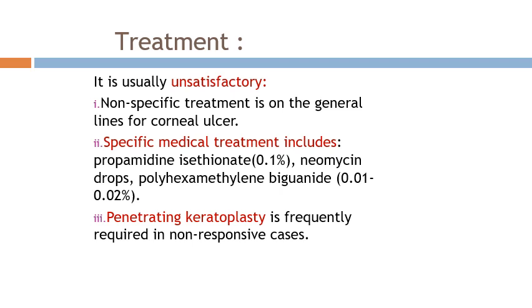Along with that, you can give aminoglycosides like neomycin and paromomycin, and you can use imidazoles like clotrimazole and miconazole. Sometimes in severe cases, you can go for a combination of drugs like hexamidine plus PHMB or chlorhexidine plus neomycin.